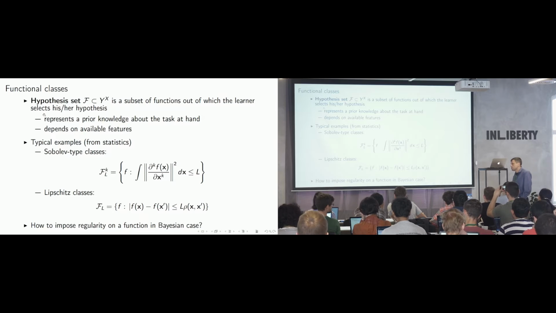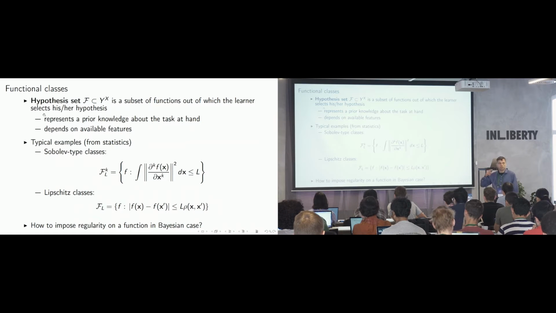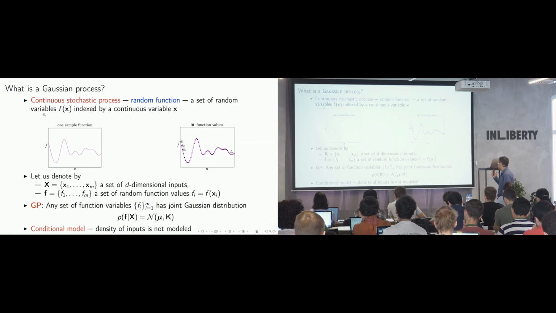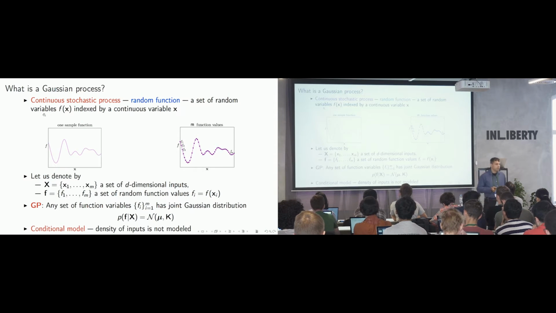However, in the case of Gaussian process regression, we don't use these deterministic assumptions on the class of functions, but we consider some Bayesian prior assumptions on how the function behaves. And so these prior assumptions can be formulated as follows. We assume that our data is generated by some continuous stochastic process.